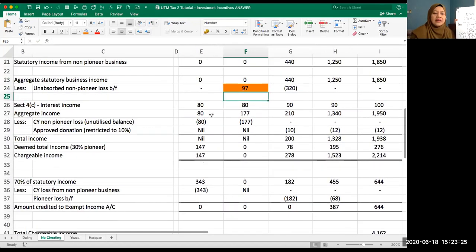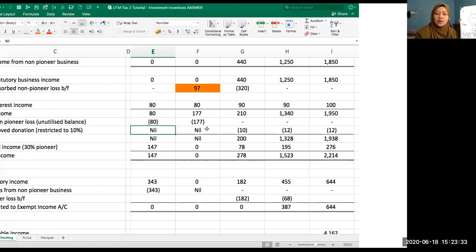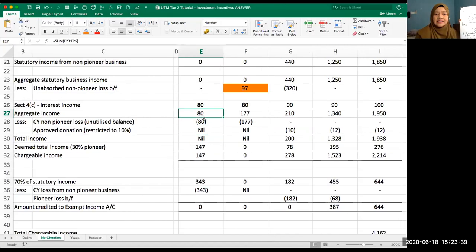Okay, so coming back to the first year, 80 minus 80, and then you don't have any approved donation. Why don't you have? Even though in the first year you do have a donation of 10,000, because here 80 minus 80 is already 0, right?